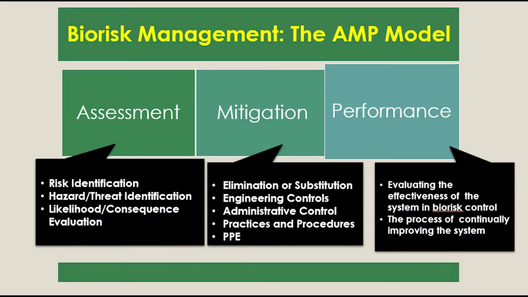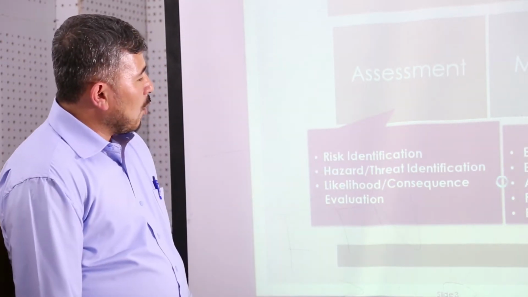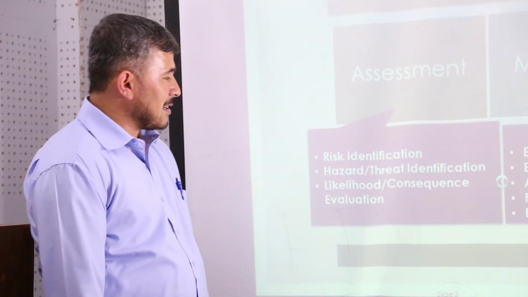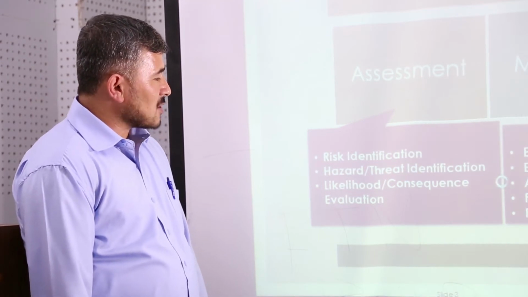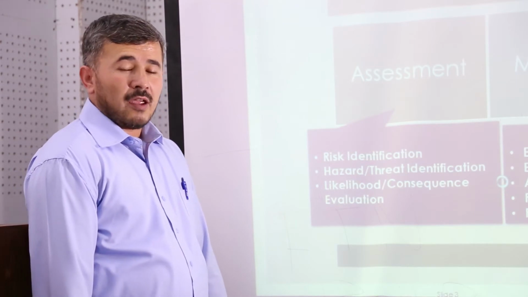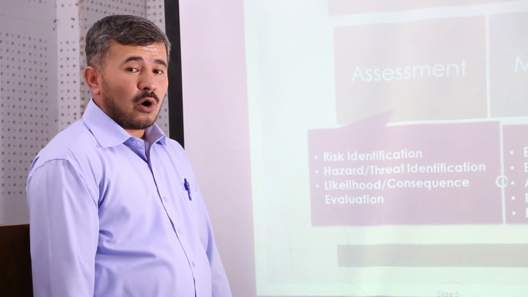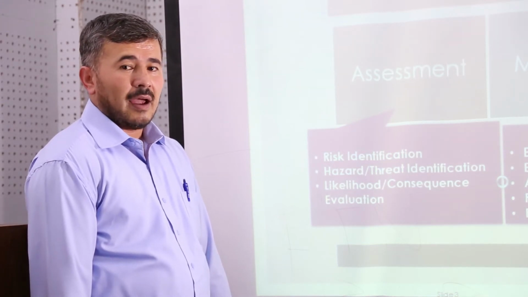The simple model for biorisk management is the AMP model: assessment, mitigation, and performance. In the assessment, we will identify the risk, then identify the hazard and threat. Finally, we will evaluate the likelihood and consequence of the risk associated with the hazard and threat.